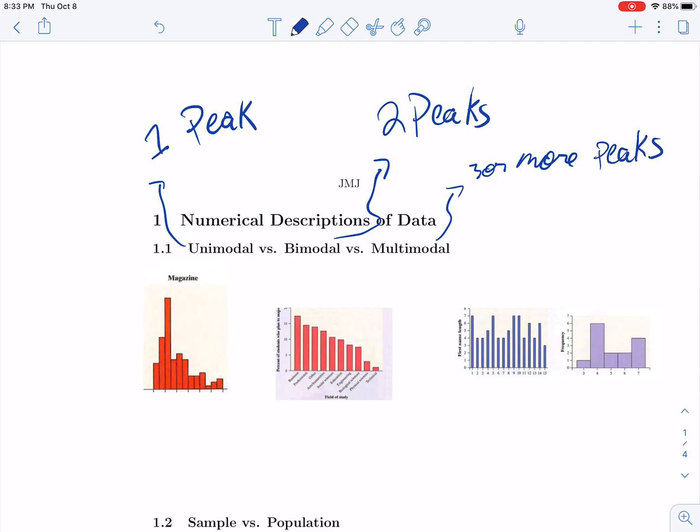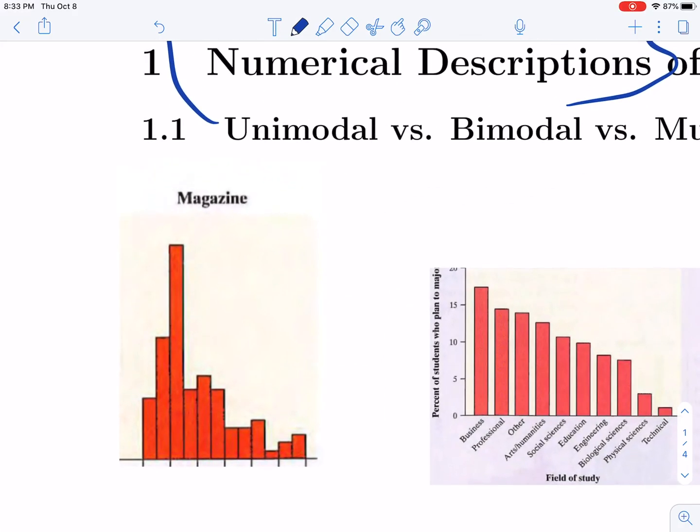We can always tell how many peaks a data set has by looking at either a histogram, a bar graph if we're dealing with categorical data, or a dot plot. Dot plot would work as well. If we look at this first description here, this guy is unimodal, because there is one peak.